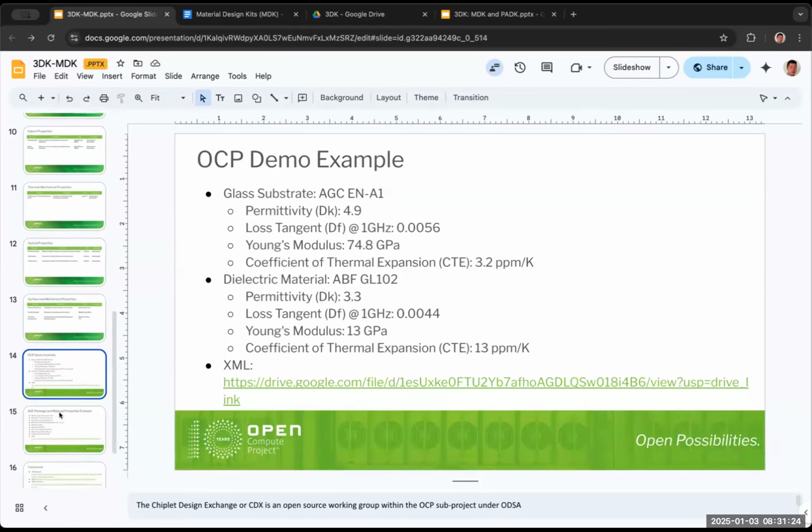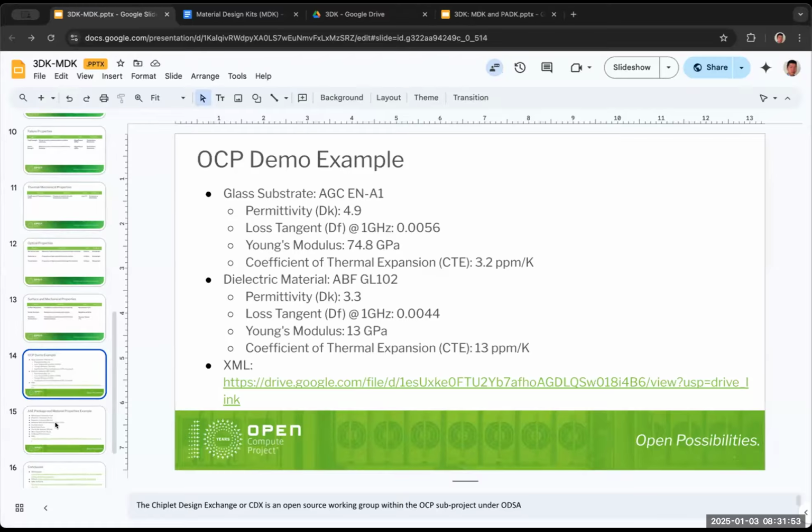As mentioned before, we have two demo examples here. One is the OCP demo example that David and the group have been working on. They share some of the graph subsets and also dielectric material here. We have the XML file that was created using the XML schema based on the structure.